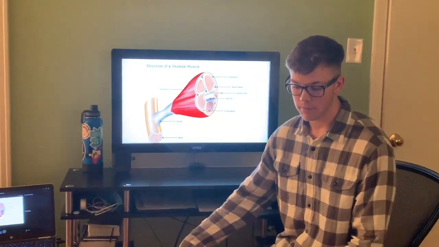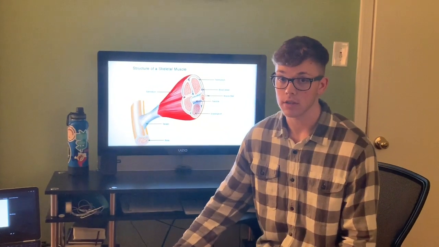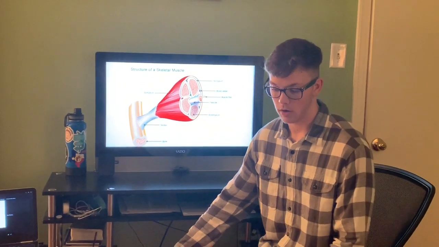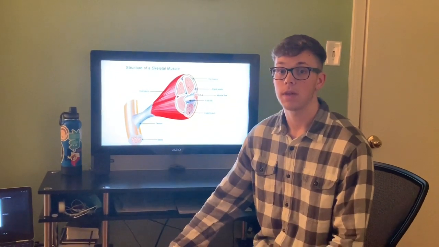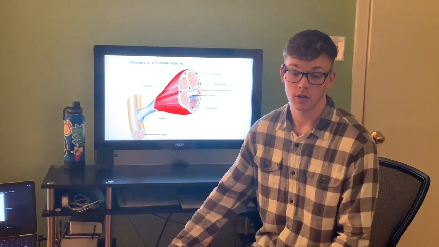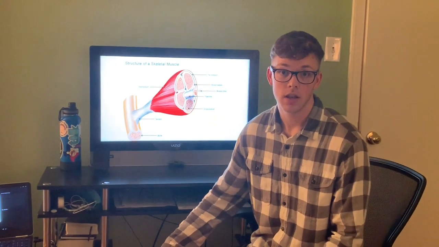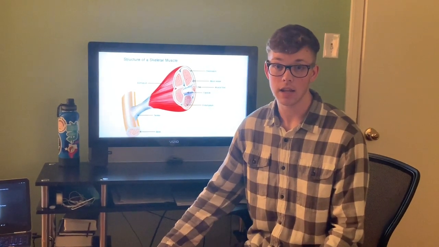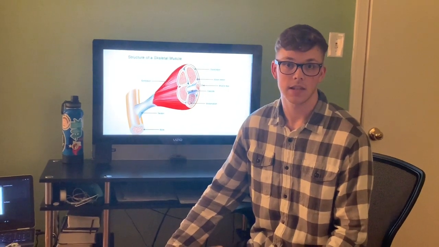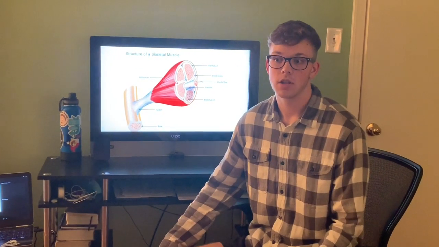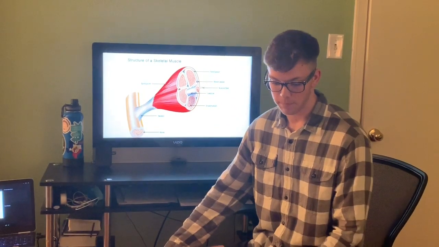Glycolytic fibers use what is called glycolysis to generate ATP for energy. Generally speaking, fast twitch fibers are going to fall under the glycolytic fibers. The fast twitch fibers can actually be both oxidative and glycolytic, but glycolysis is one of the ways that our body generally uses to get ATP production.